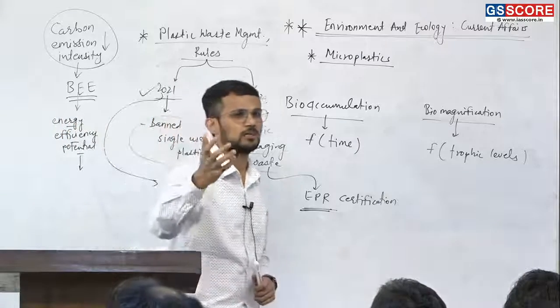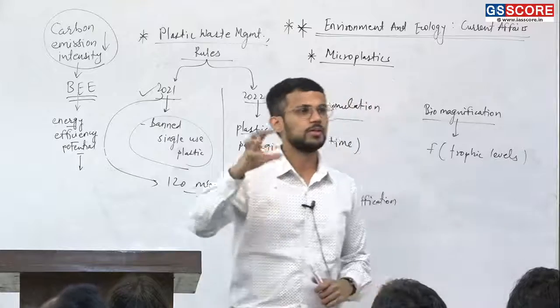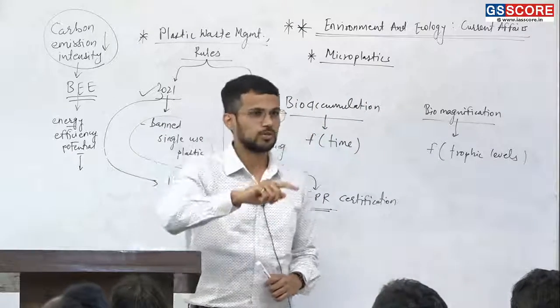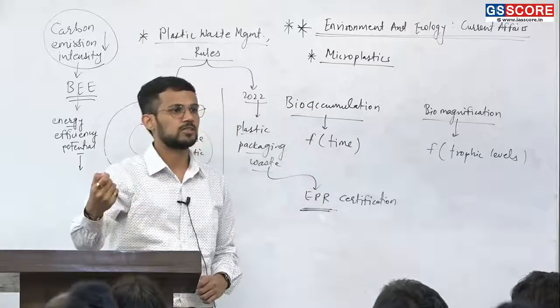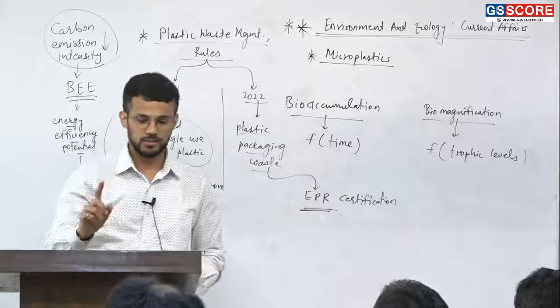That means these plastic parks will be reusing plastic. There will be infrastructure which will make sure that plastic produced is reused. That means through these plastic parks we are trying to promote circular economy for plastic.